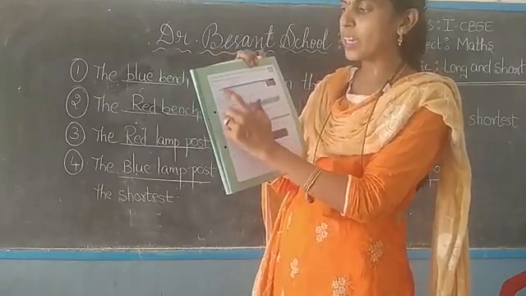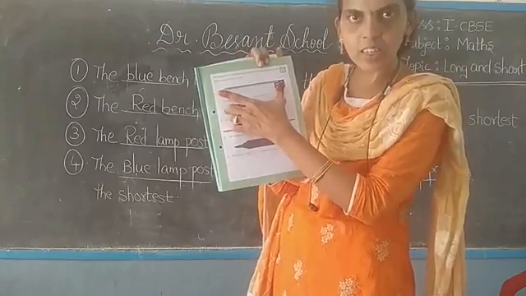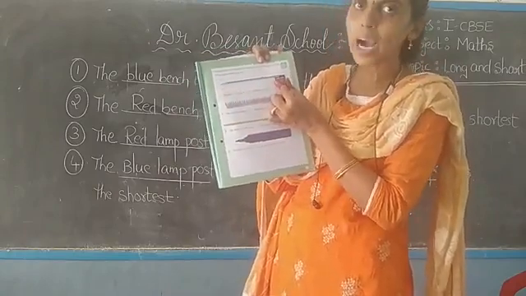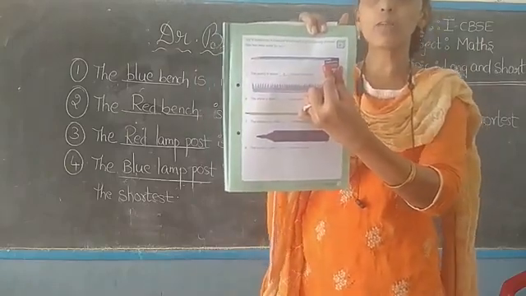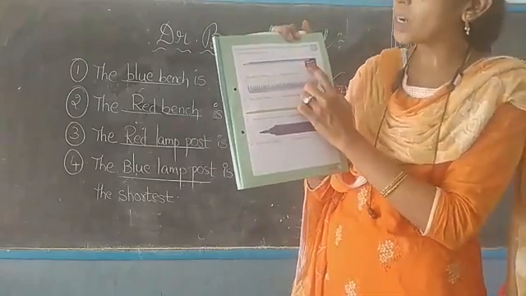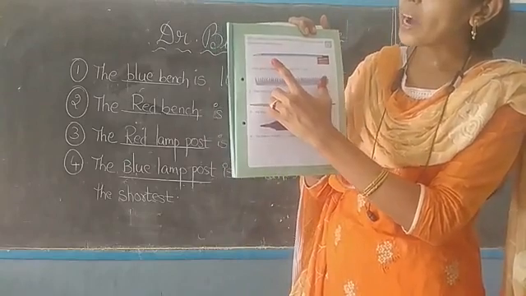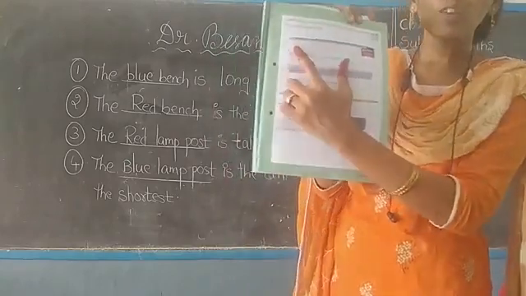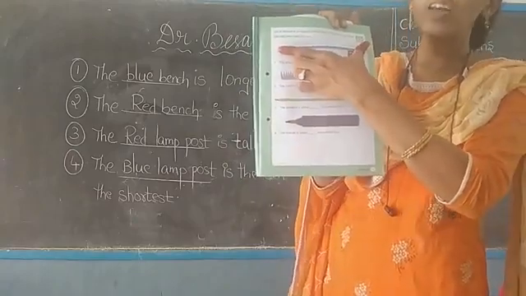They have given here a pencil, and he is measuring the length of this pencil using a sharpener. If you see, he got how many sharpeners? 1, 2, 3, 4, 5 and 6. So 6 sharpeners is the length of this pencil.